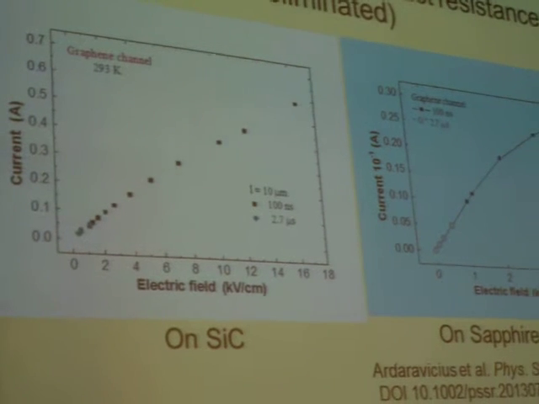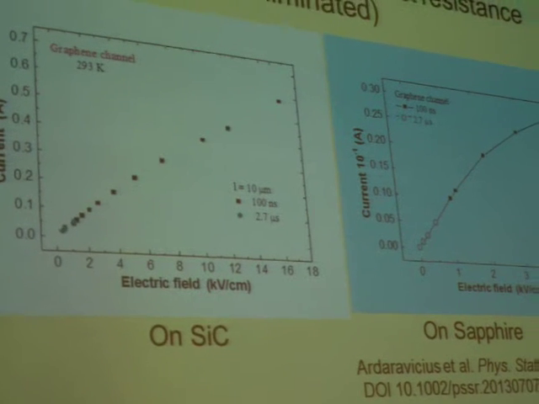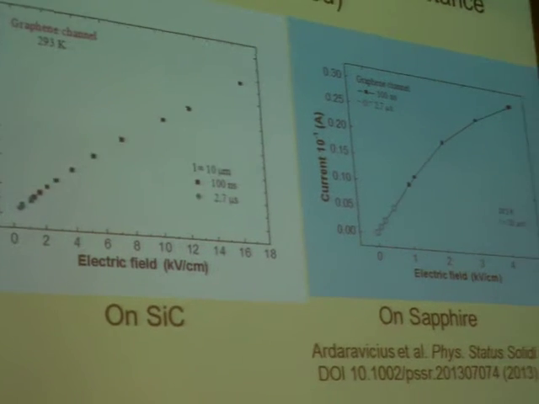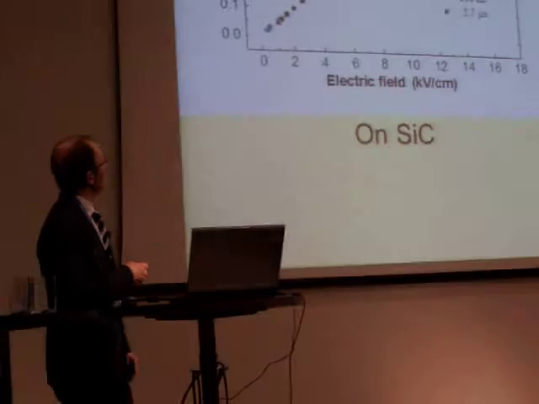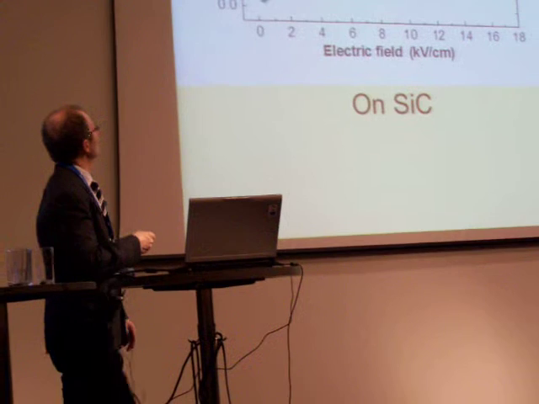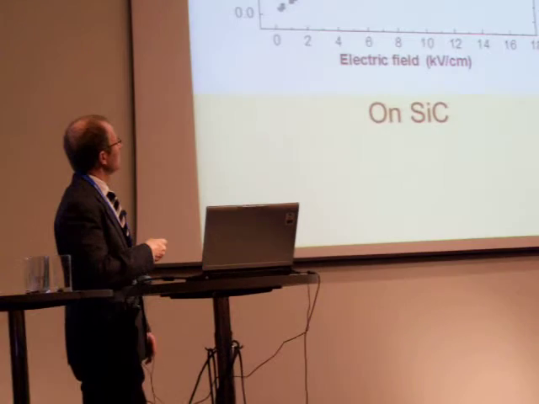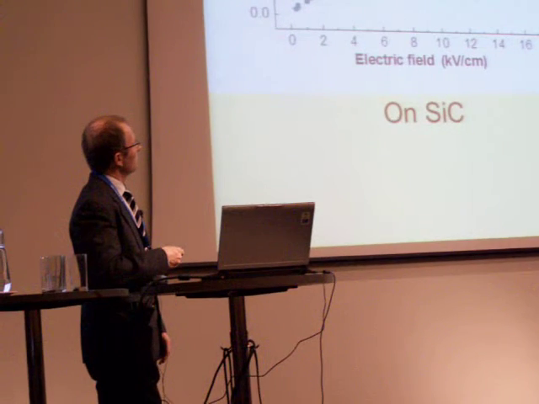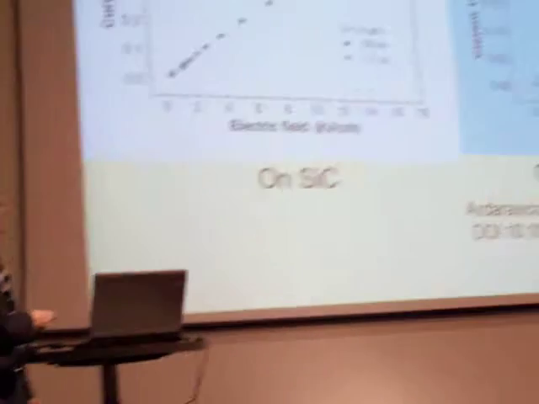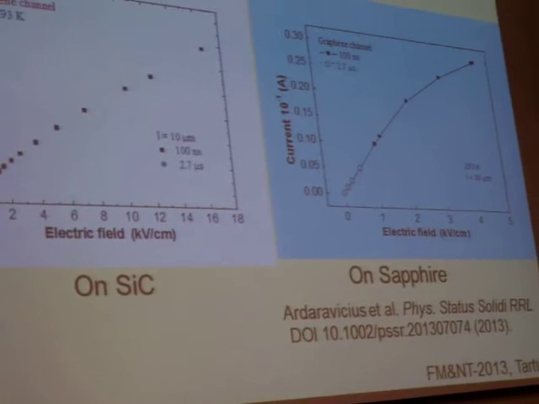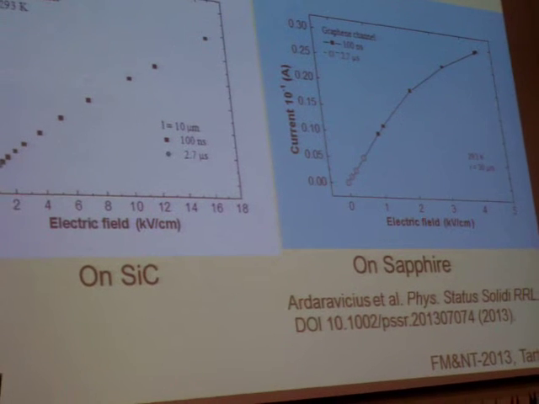Here the contact resistance is eliminated. The current field dependence is sublinear up to 16 kilovolts per centimeter in graphene on silicon carbide, while samples on sapphire survived only 5 kilovolts per centimeter.